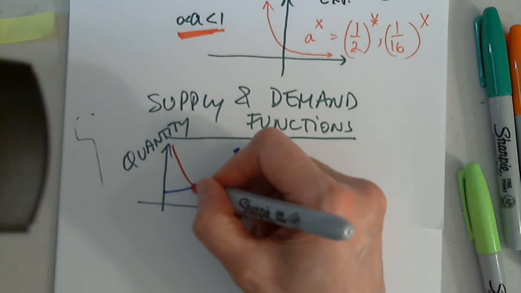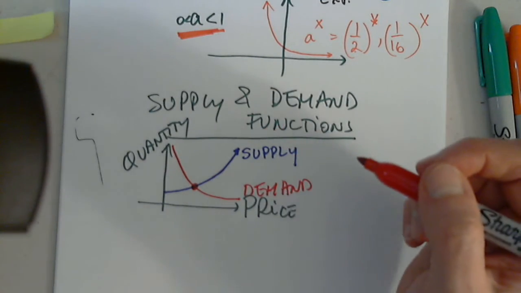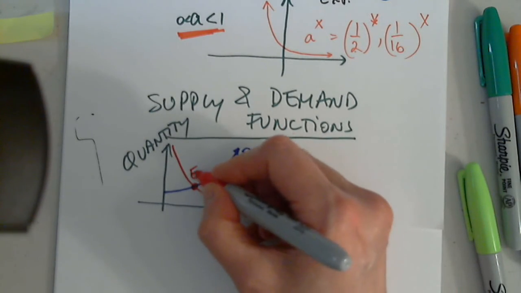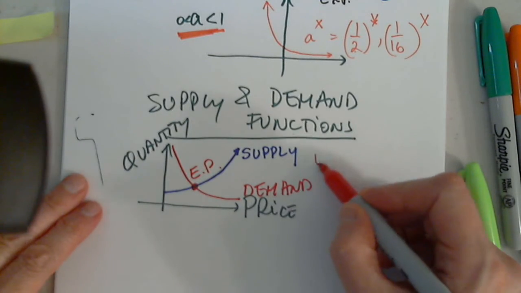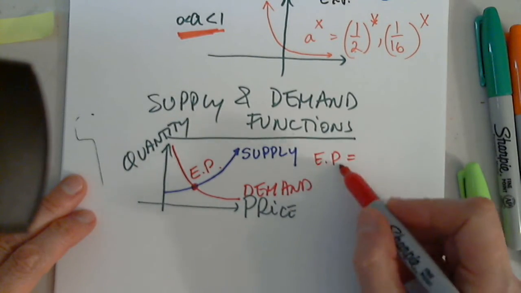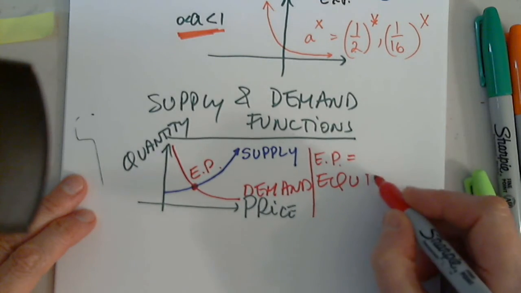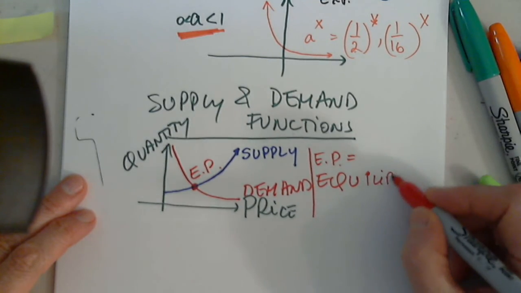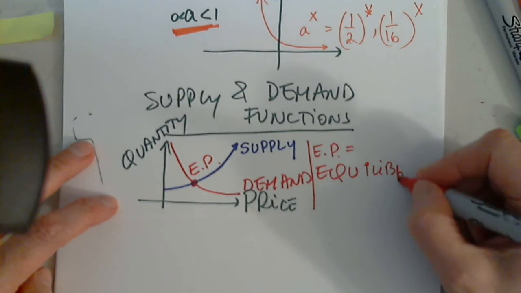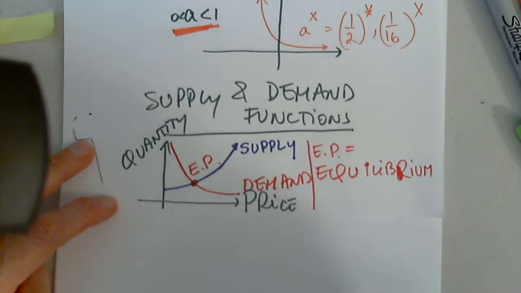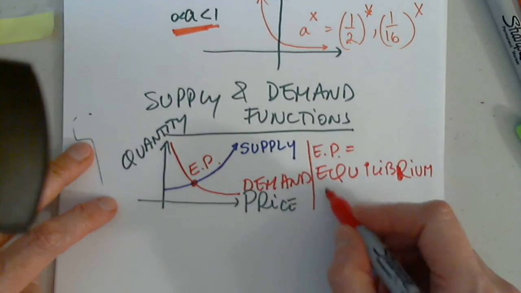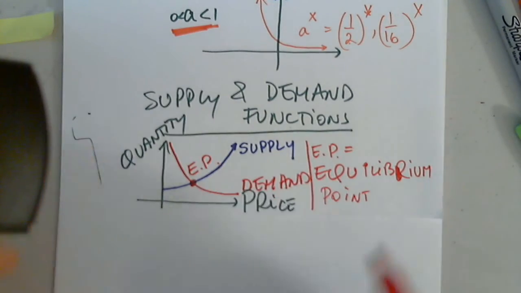This particular point here, it's called the equilibrium point, EP. So EP stands for equilibrium point, where everyone is happy.